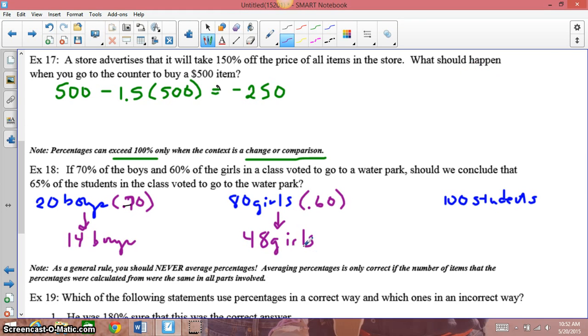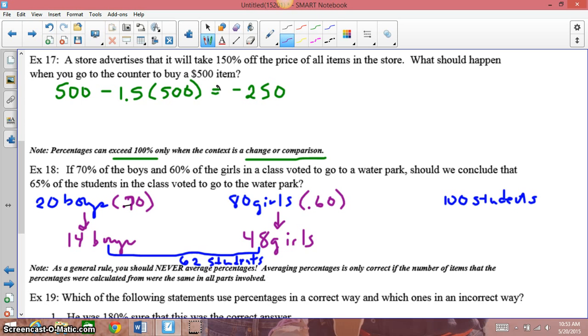If I add those two together, I'm talking about 62 total students that wanted to go to the water park. So with 100 students, you find out that 62 of them want to go to the water park.